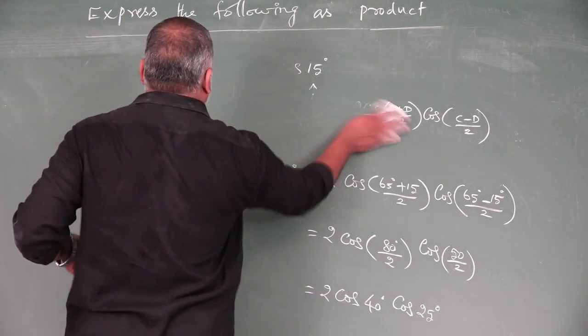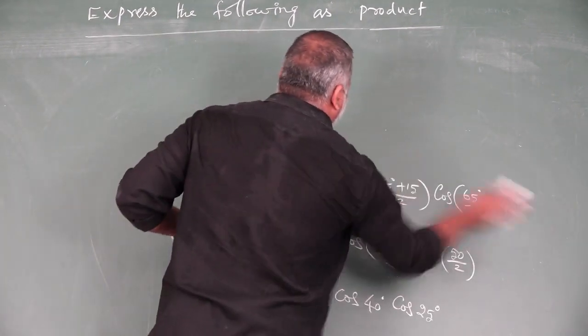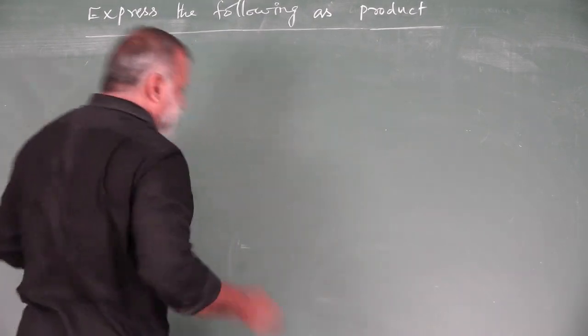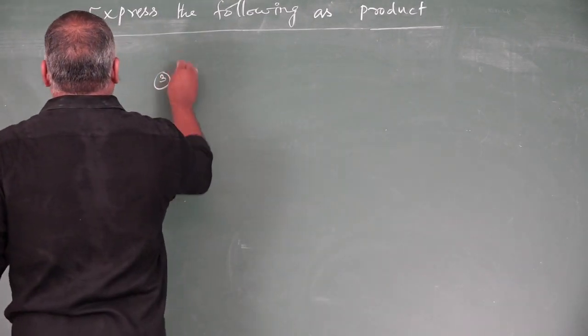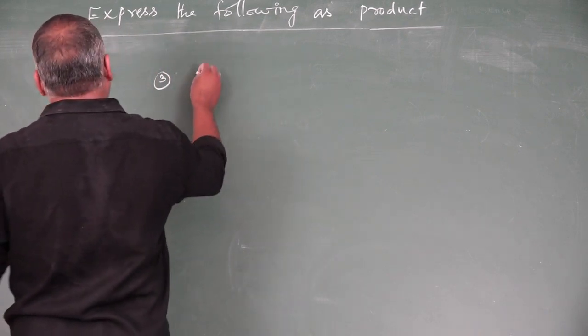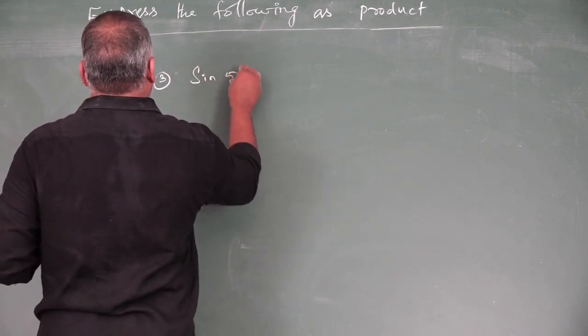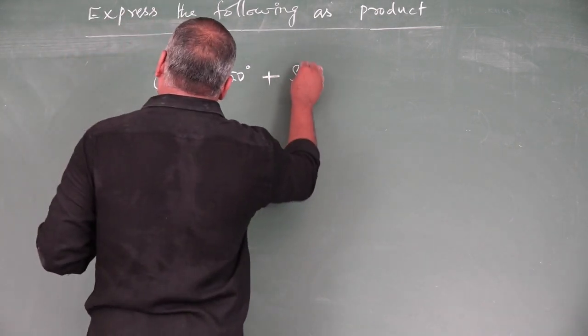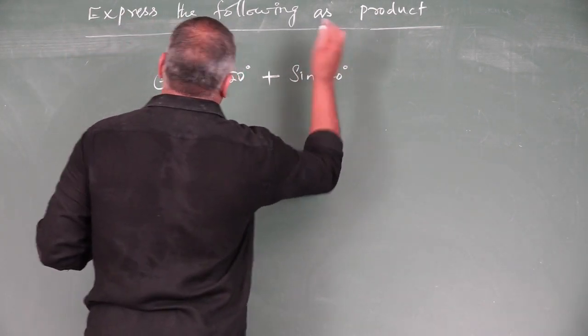Now see question number 3, in the same model. Work out sin 50 degree plus sin 40 degree.